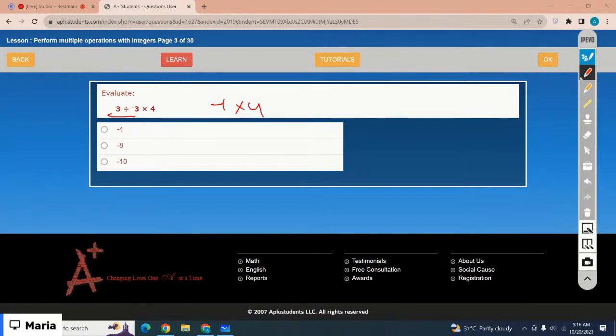So which is the correct option? That is negative 4. The correct option is negative 4.